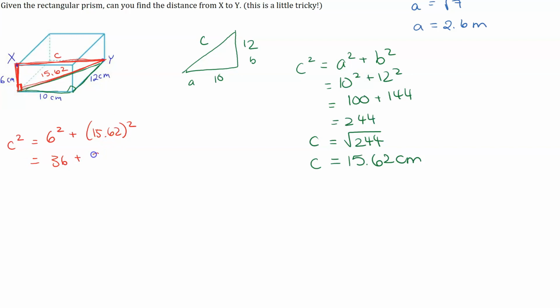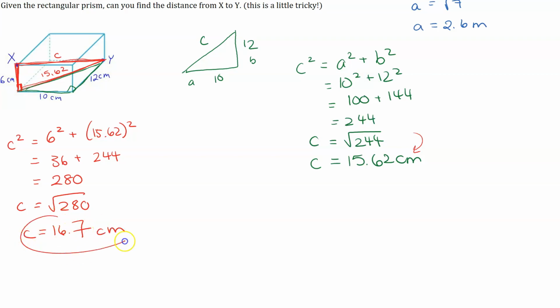This number squared we know is 244, as we found in here. 36 plus 244 is 280. So c is the square root of 280, which is about 16.7 centimeters. And that's our final answer there.